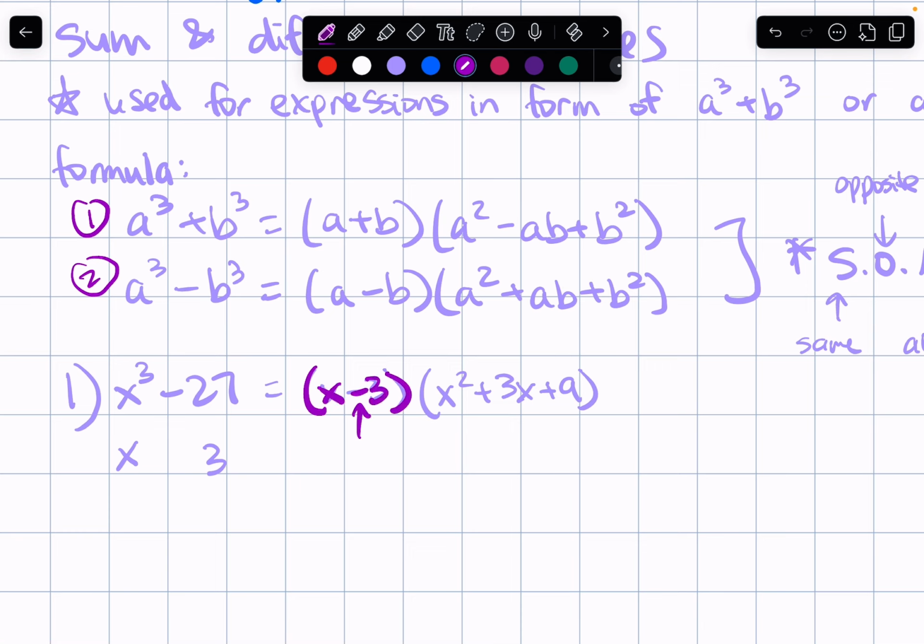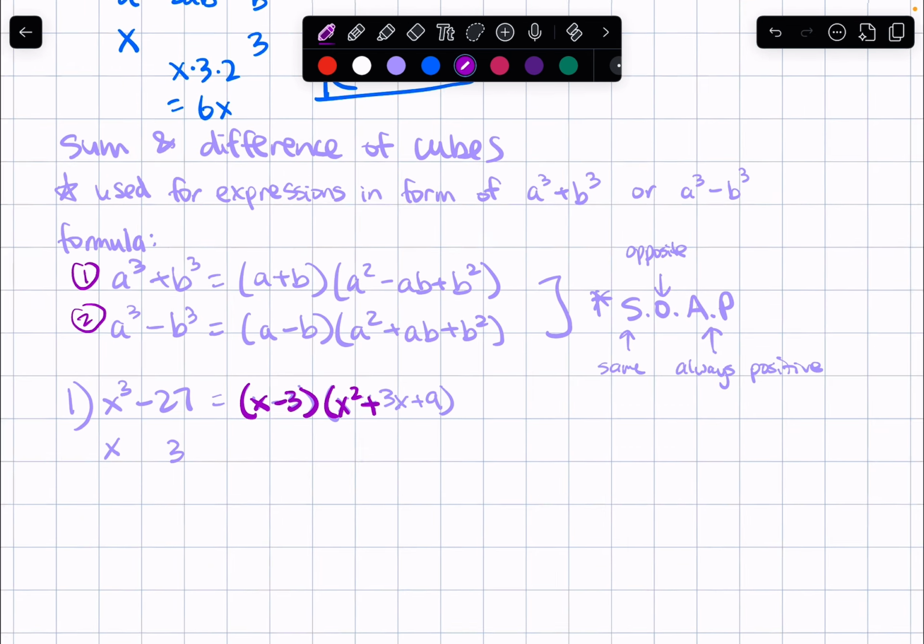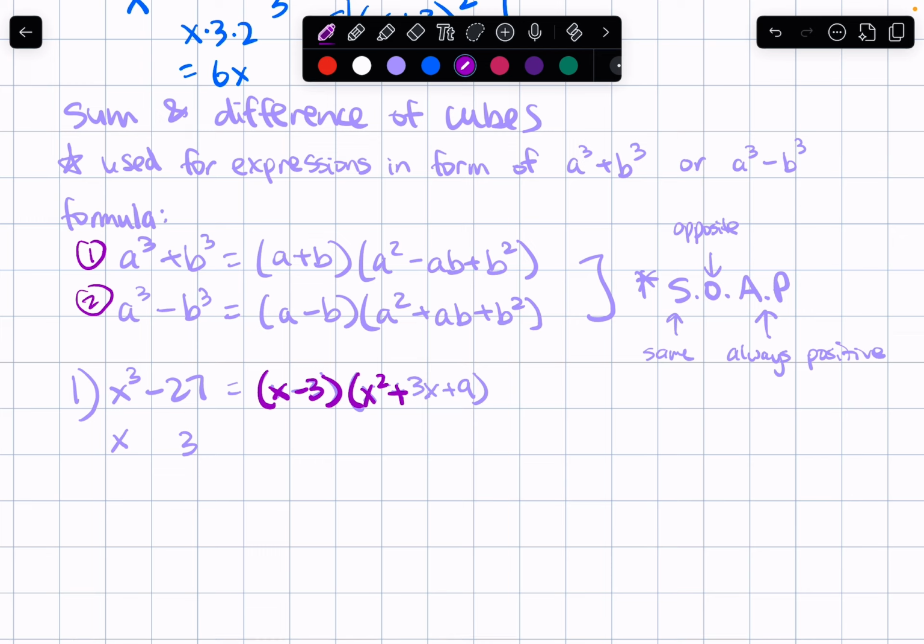This first sign is going to be a negative because this is a negative, times x times a squared, which is x squared, plus, because plus is opposite, and following SOAP, the next one has to be opposite, plus ab, which is 3x, and then the last sign always has to be positive, so plus b squared, which is 3 squared, which is 9. So it's going to give you x minus 3 times x squared plus 3x plus 9.